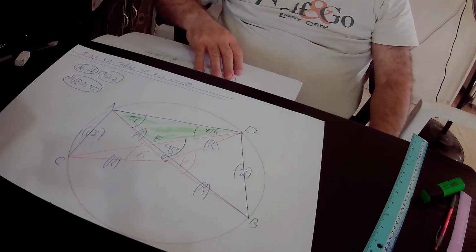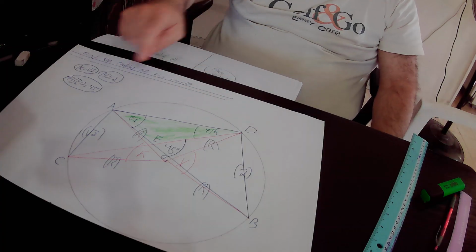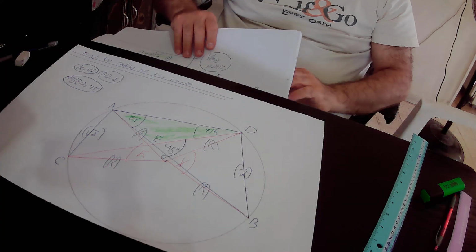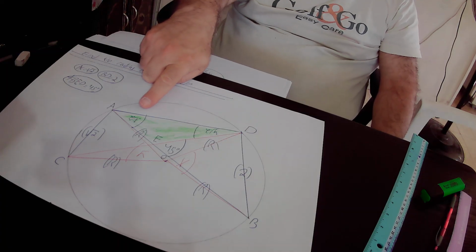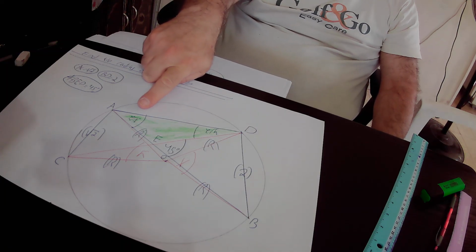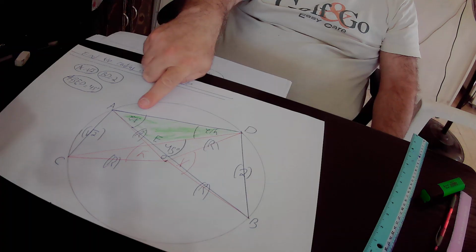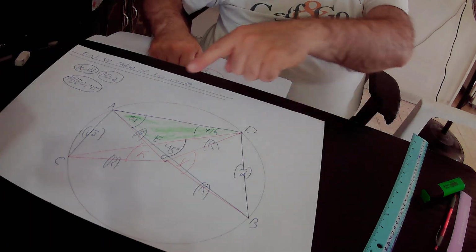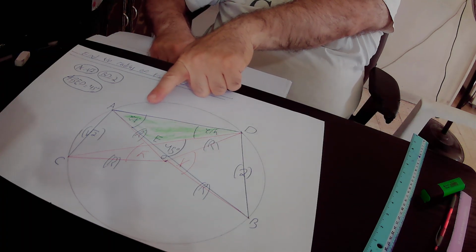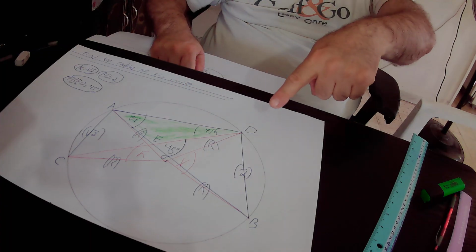So in the first step, we join points A and D together by a straight line. By joining points A and D, we get this triangle DAB. We define the size of this angle DAB as x over 2. This angle DAB is subtended on chord DB.